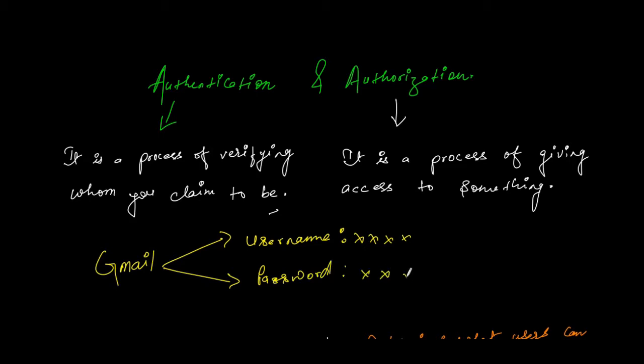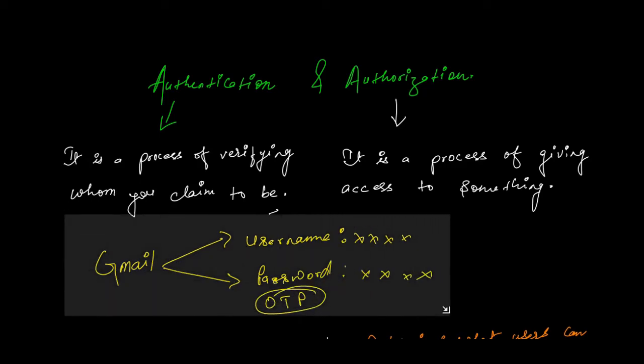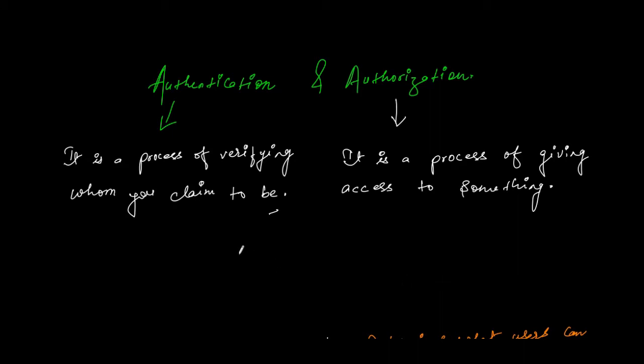And if you have activated the two-step verification process, then you will have to enter the OTP that you received on your phone. So basically, they are verifying whether you are the real user of this account or not, so that they can give permission to use their services.